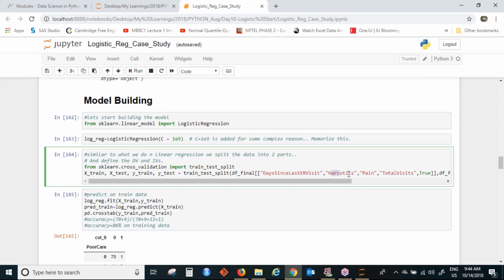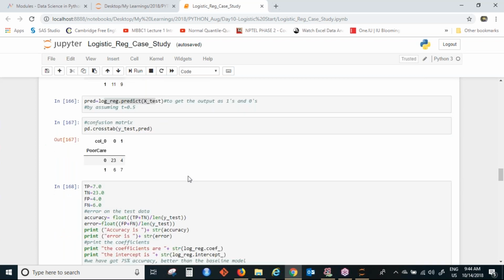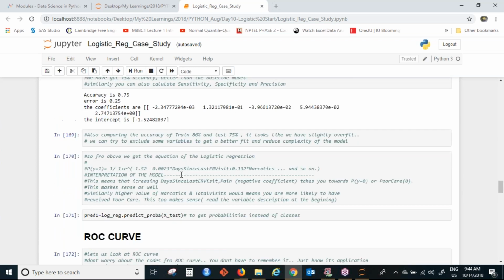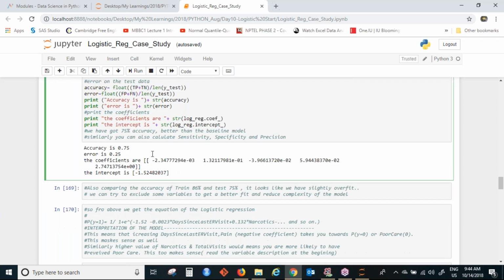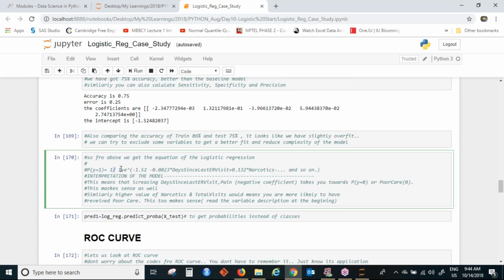So I will have 1 2 3 4 and 5 coefficients, plus 1 intercept. Okay, so that is what is given here: 5 coefficients and 1 intercept. And this is finally the equation that you will get. This is the logistic response function.